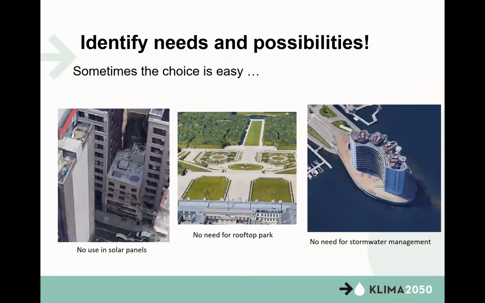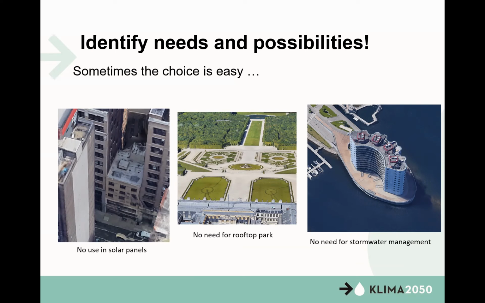So to make that choice, it's very important to identify the needs and possibilities of the roof in question. Sometimes it's easy. For this roof, you would put solar panels on it if you value your money. You don't need a rooftop park if your neighbor is Versailles. And of course, if your building is in the middle of the ocean, you don't need stormwater management.